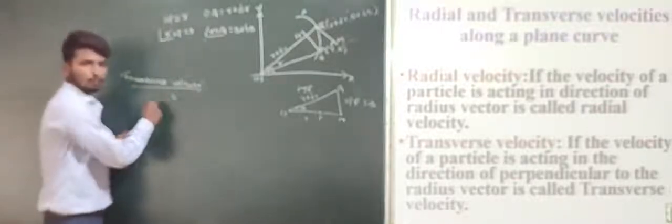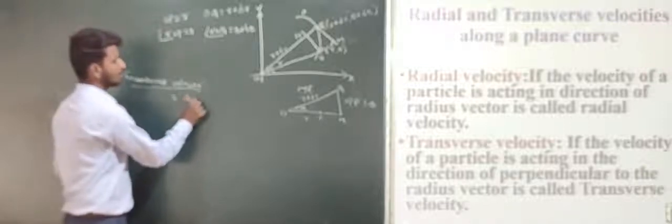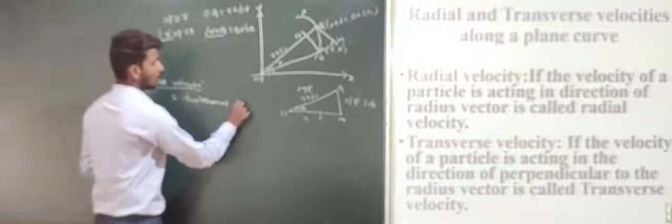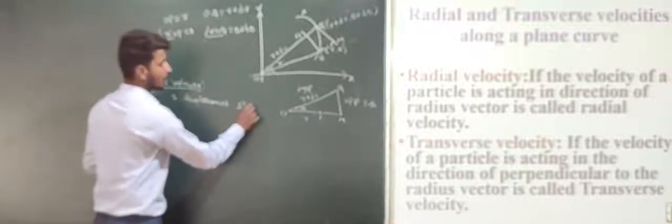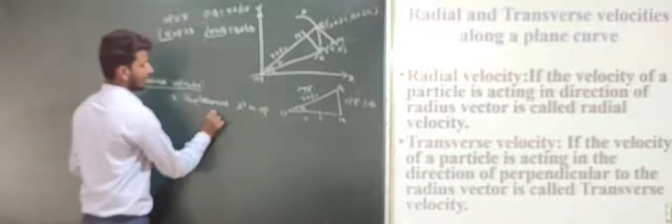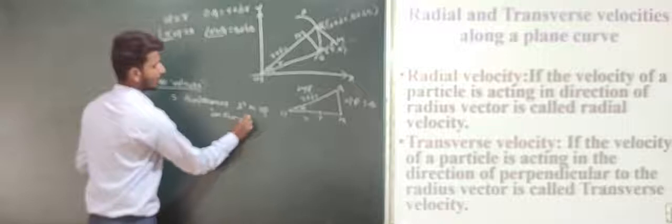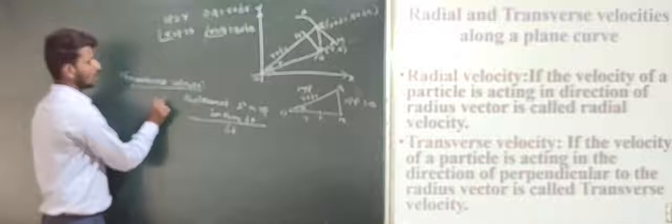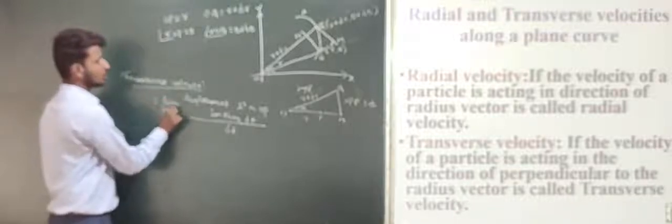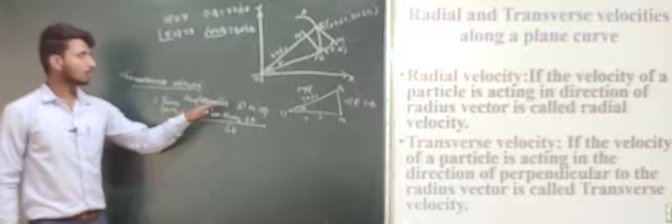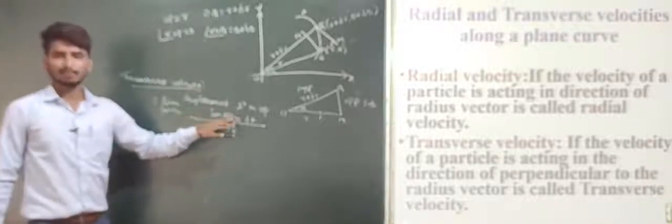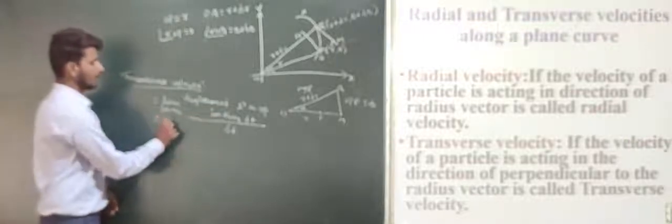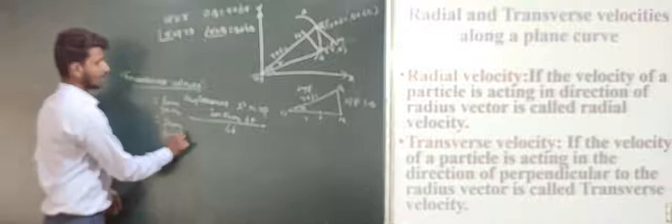The formula for transverse velocity is the displacement perpendicular to the line OP in time delta t, divided by the small change in time delta t. Here limit delta t tends to 0.